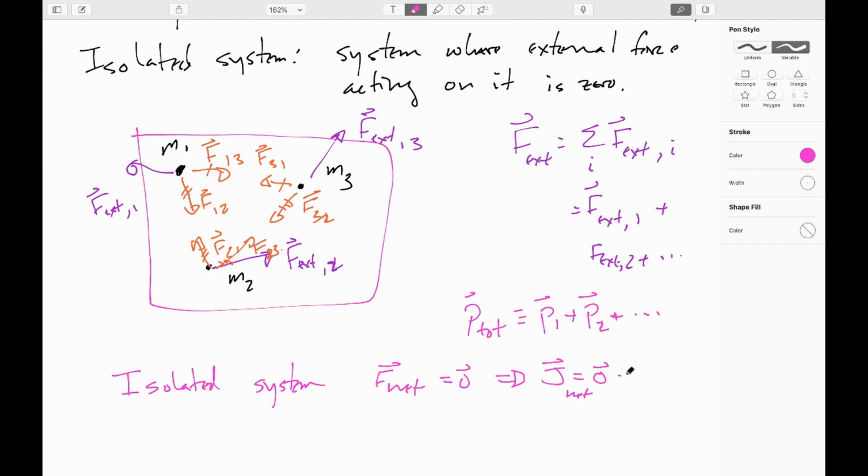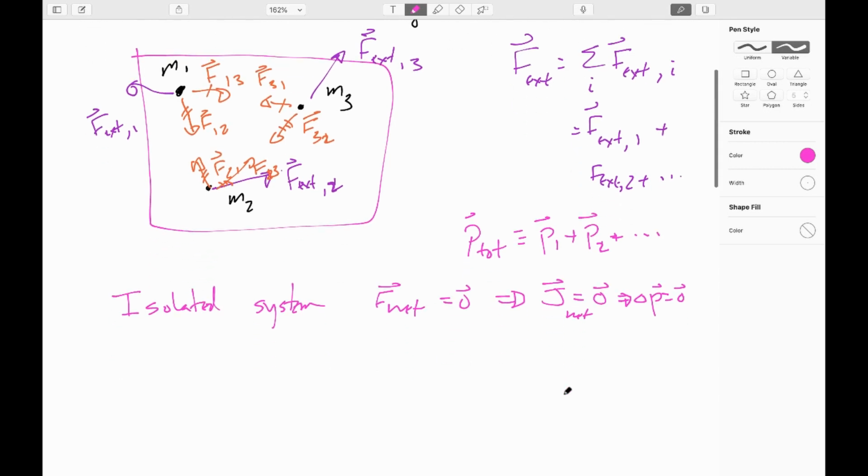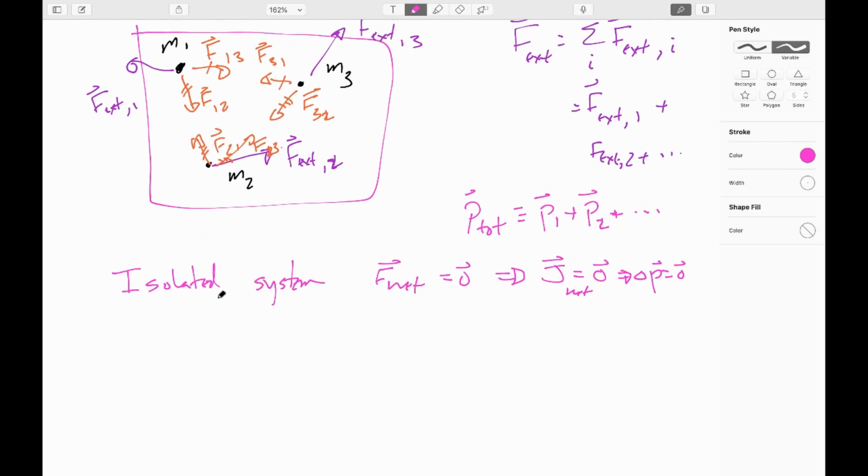And by the Impulse-Momentum Theorem, that means the change in momentum is also 0. So the way we can put this is to say that the total momentum after the collision, so p final, is equal to the total momentum before the collision, so p initial.